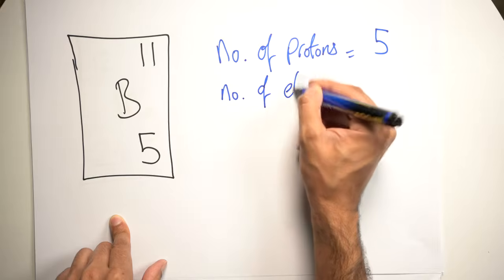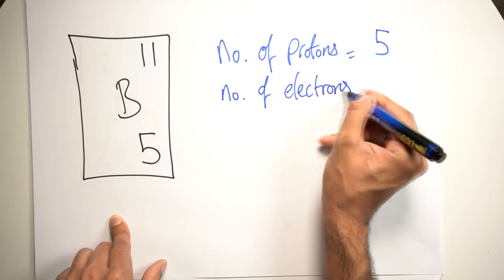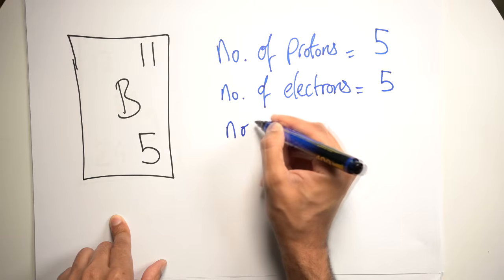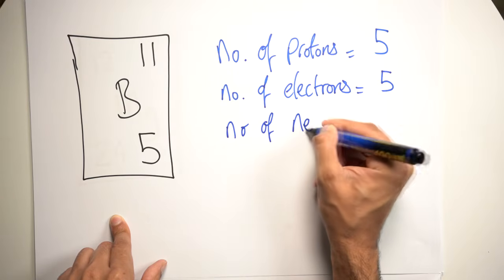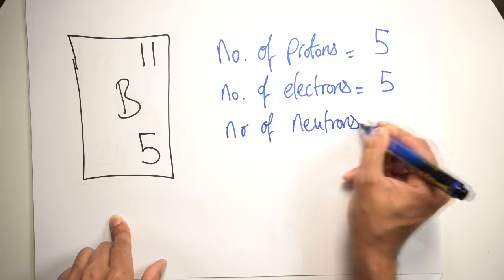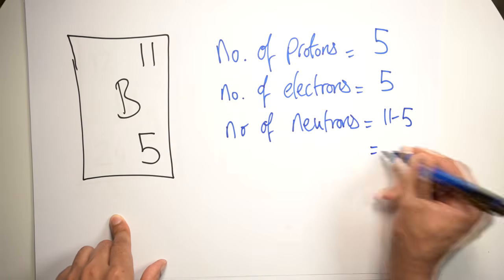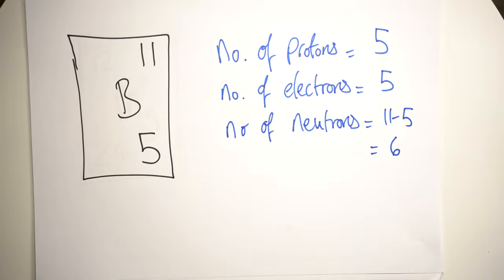Number of electrons is going to be the same, 5. And the only one that you have to work out are the neutrons, which is 11 minus 5. So 11 minus 5 is 6.